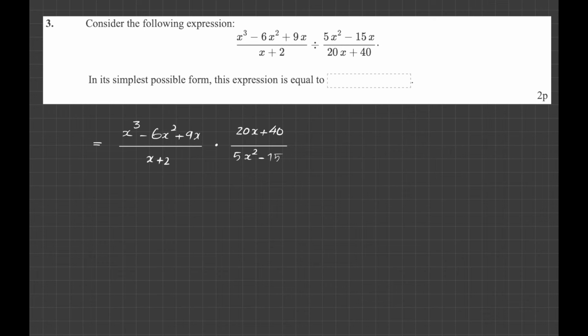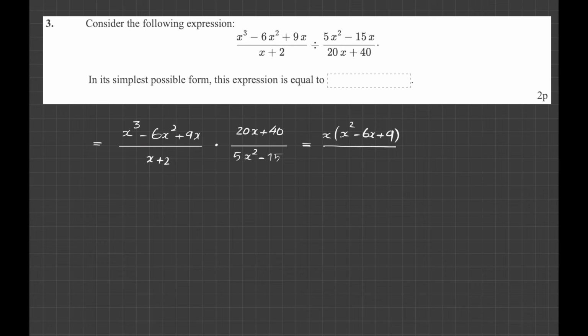Okay, then I start fully factorizing all these expressions. So here you see immediately x is in common, so I have to factor x out. Then of course I have to think what else I need to do, if any. So this becomes x squared minus 6x plus 9. You can always double check, multiply this back, you will see that I get the same expression.